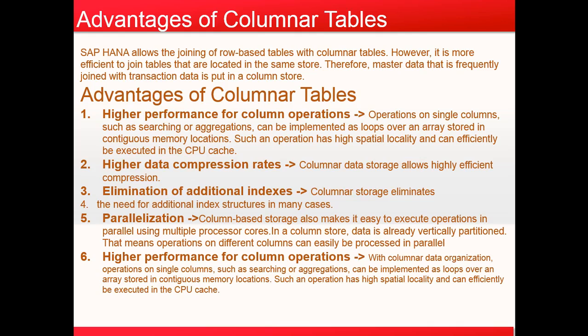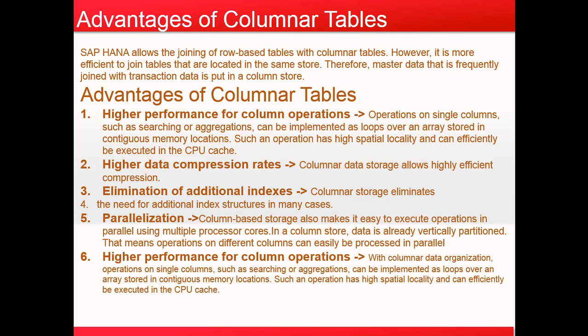So one of the key advantages is parallelization. Column-based storage makes it easy to execute operations in parallel using multiple processor cores. In column store, data is already vertically partitioned. That means operations on different columns can easily be processed in parallel. So that is one of the key features of in-memory computing as well as the column store.